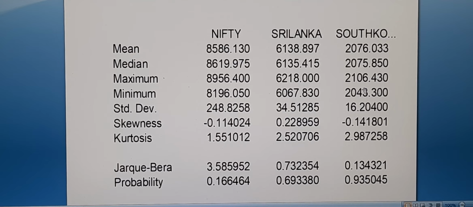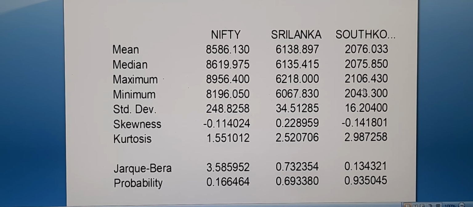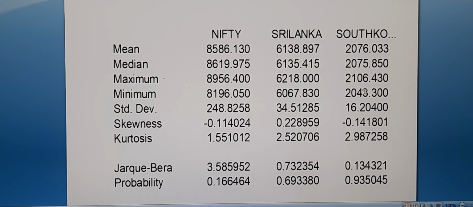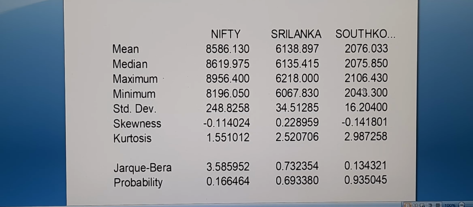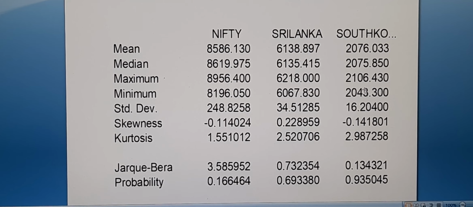Now, if you consider the series of the Sri Lankan stock market, that is the Colombo stock market, then you have the mean, which is the average of the series, the median, maximum value, and minimum value. And the standard deviation is 34.51.